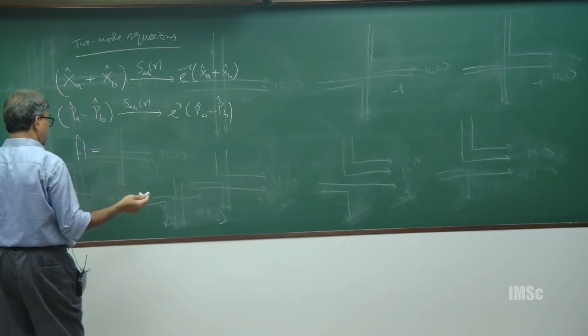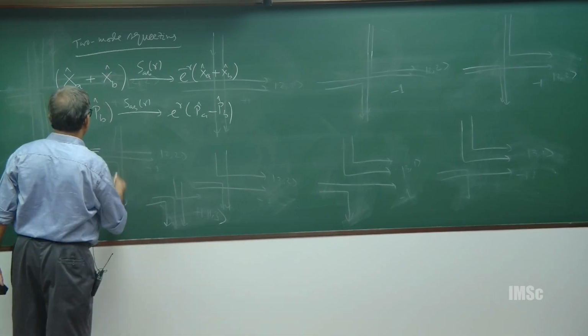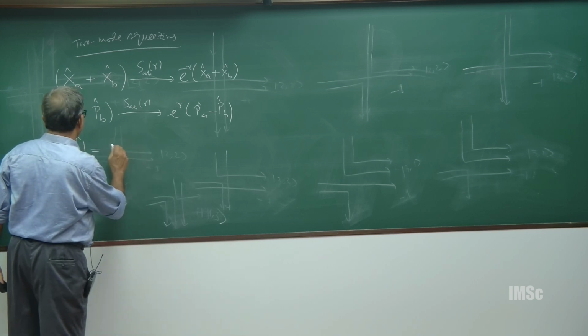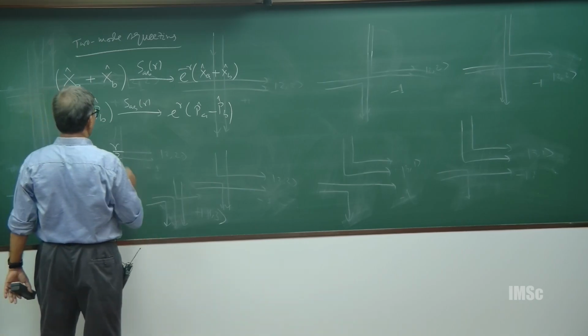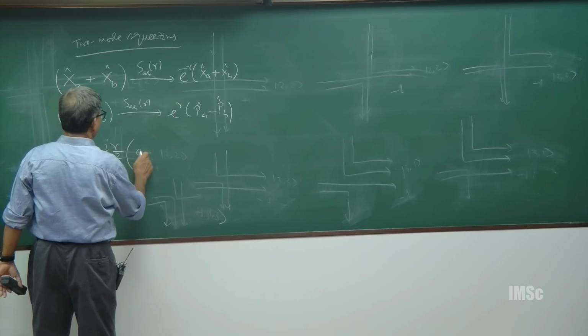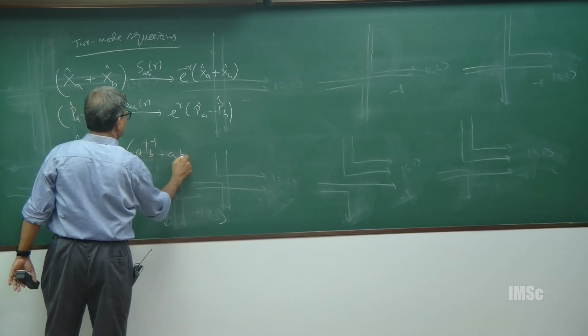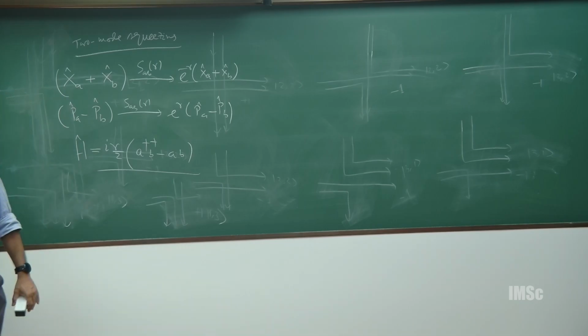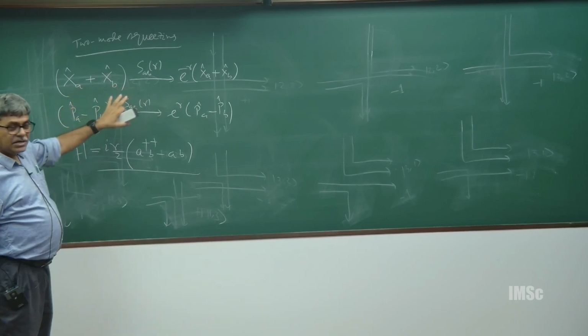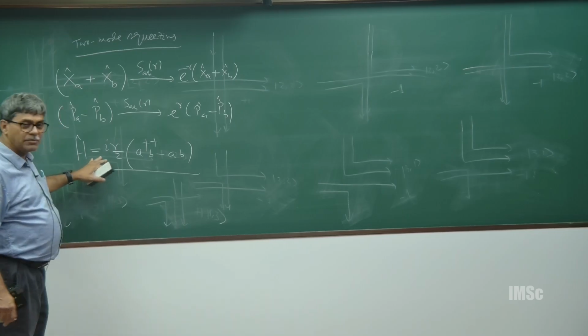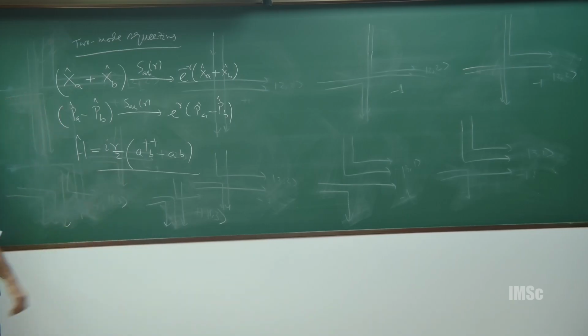Again I may be wrong, maybe an iota may be there. So this is A dagger B dagger minus A B. Okay. So r is called the squeezing. This transformation is again a scaling transformation, and it is achieved by such a Hamiltonian.